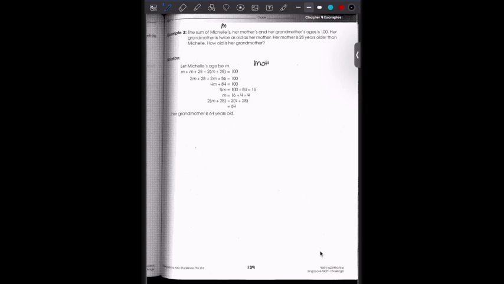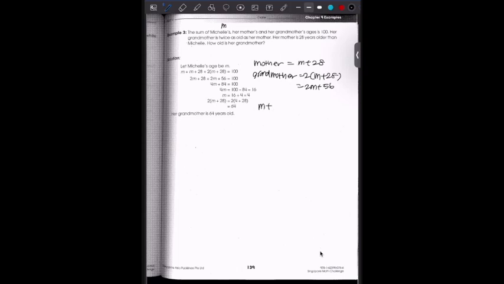So the mother is going to be M plus 28. And then the grandmother is going to be twice as old as the mom. So it's going to be 2 times M plus 28, which is equal to 2M plus 56.